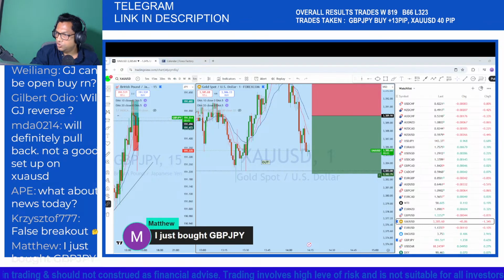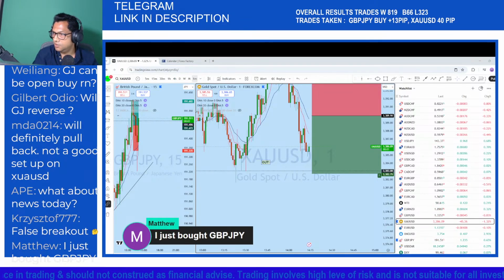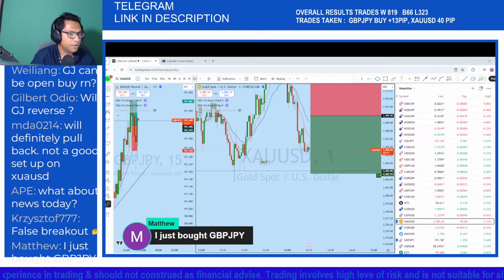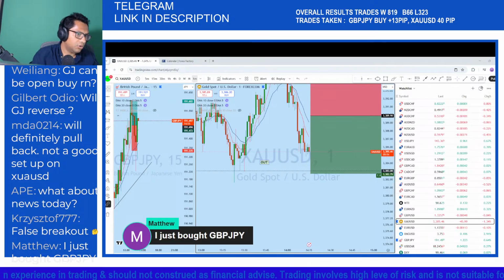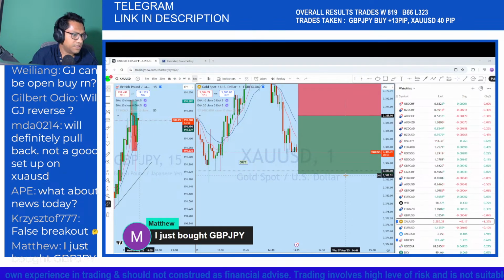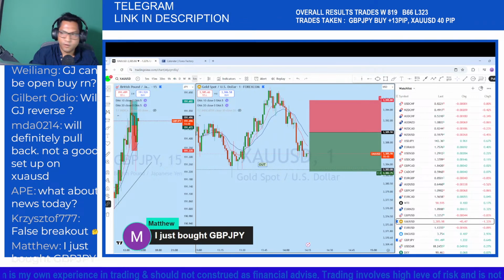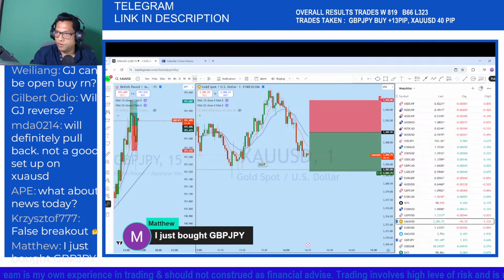GBP JPY is trending, you can see it's in a bullish market. With that, on gold, it's still maintaining that bearish market structure. We are waiting for another entry as soon as you find that.